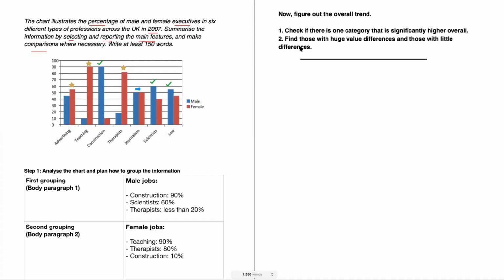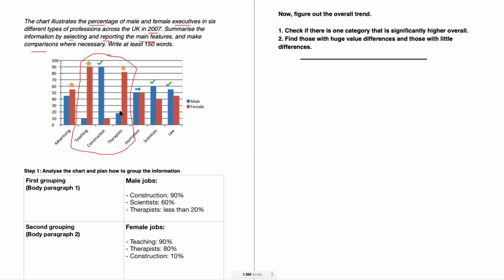I'm going to look at those with huge value differences and those with little value differences. And basically what you see here is there is such a large gap when it comes to 3 of these sectors. So teaching, construction, and therapist. Look at these really wide gaps here. This is what you want to write about.